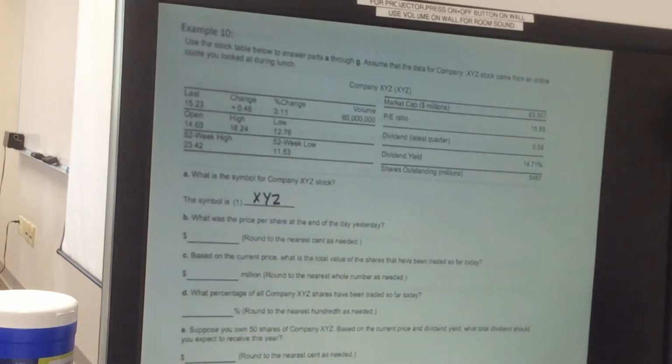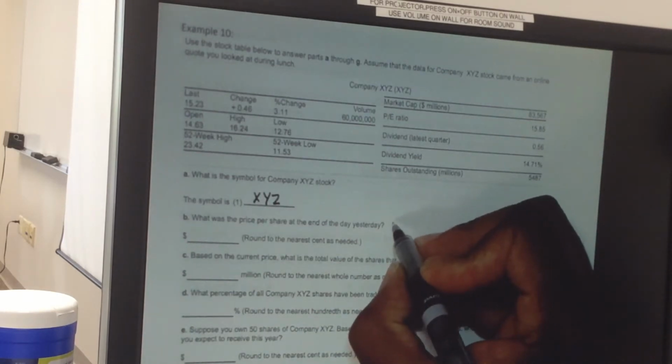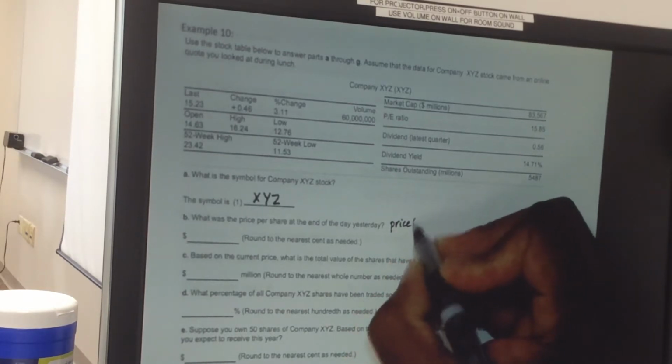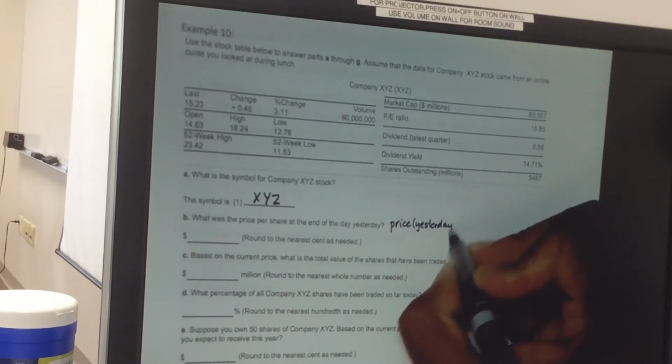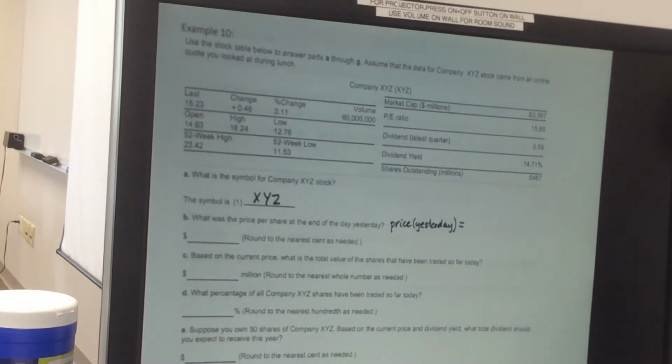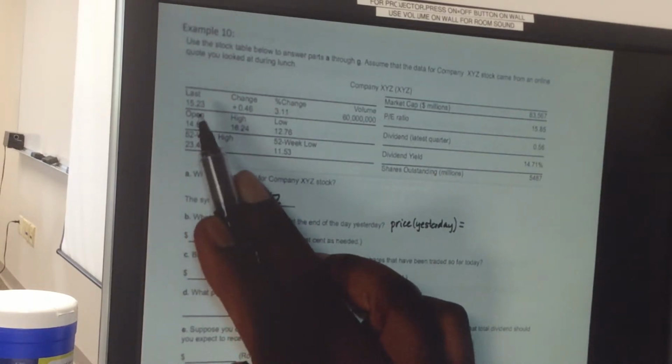And we want the price per share yesterday. So in this case, that means that price was lower than $15.23.